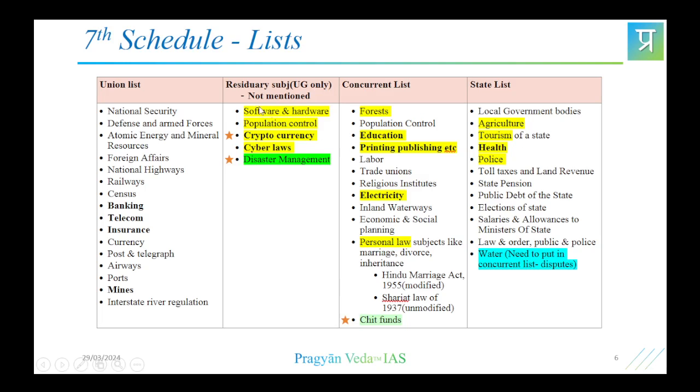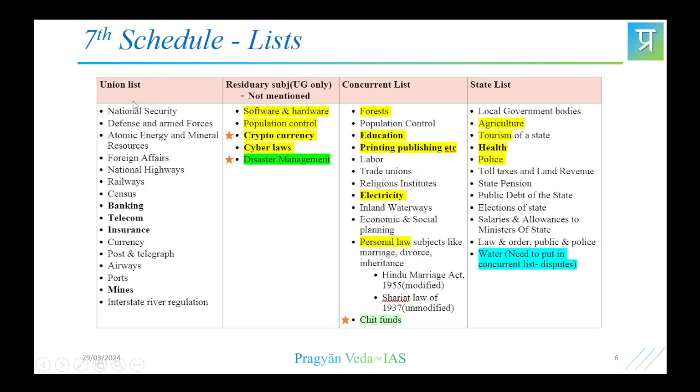There is also the residuary subject, which generally covers upcoming new subjects, but mostly they fall under the category of the Union List, in the sense that the Union government enjoys the power to make laws and acts on these subjects.